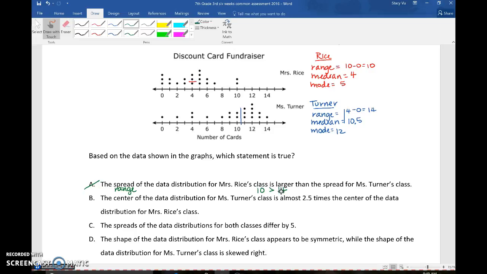B says the center of the data distribution for Miss Turner's class is almost 2.5 times the center for Miss Rice's class. Okay, so center is the same as median. So the median for Miss Rice's class, 4, and the center for Miss Turner's class is 10.